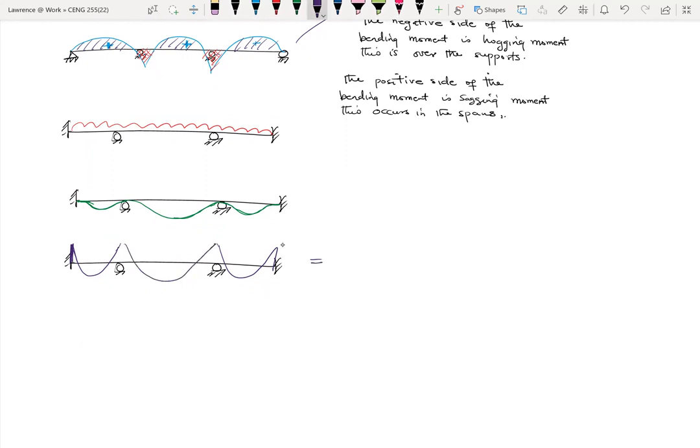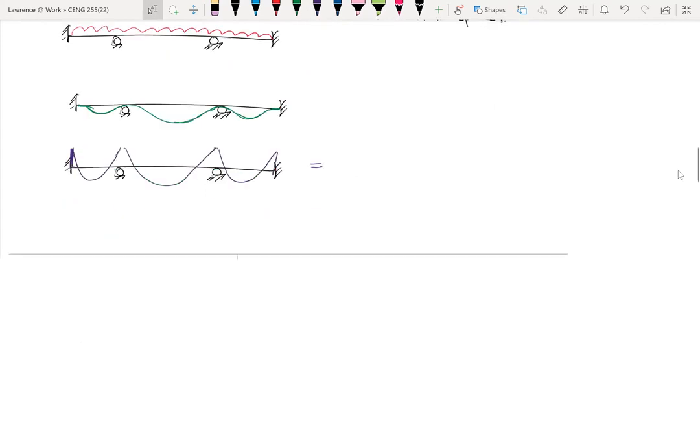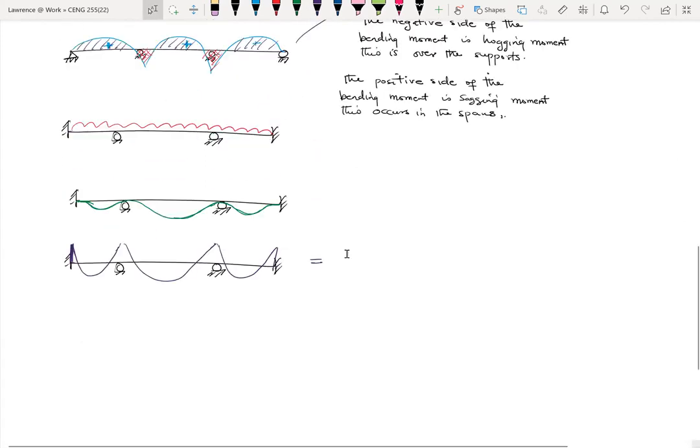So this is the same as something like this.